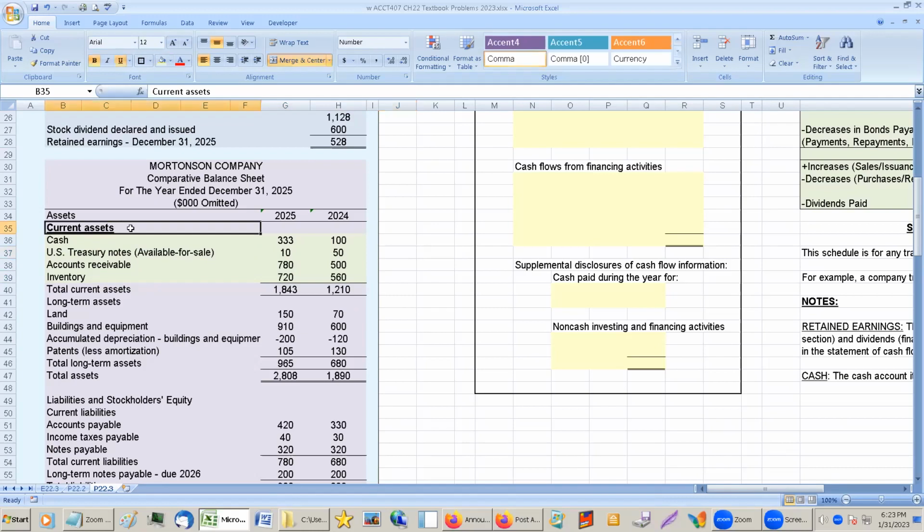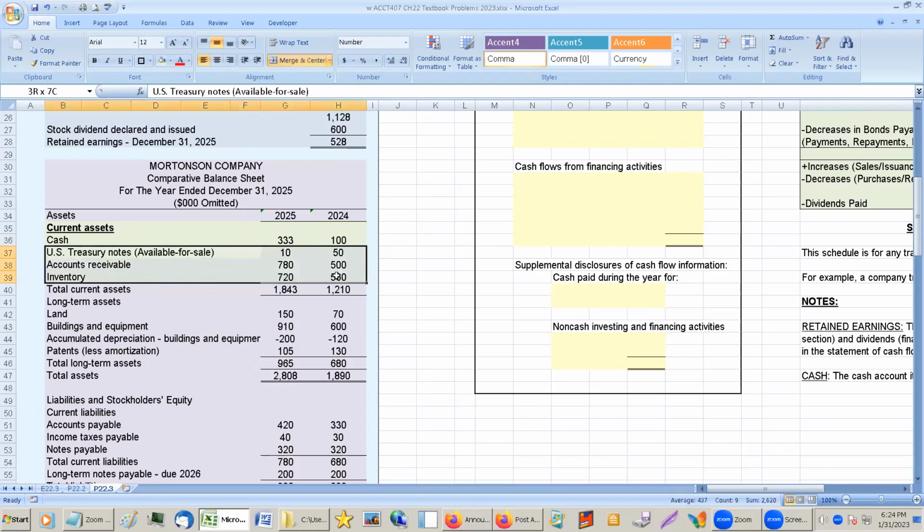Now, we're not going to use the cash one, at least not yet. We'll use it at the end to see if we did it right. But these other three, we're going to do now.